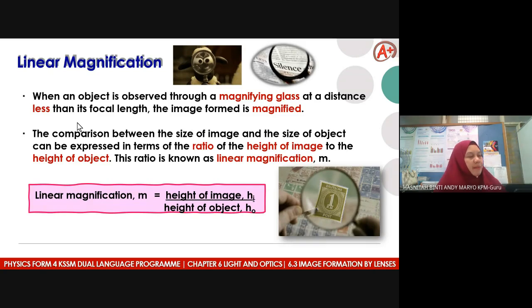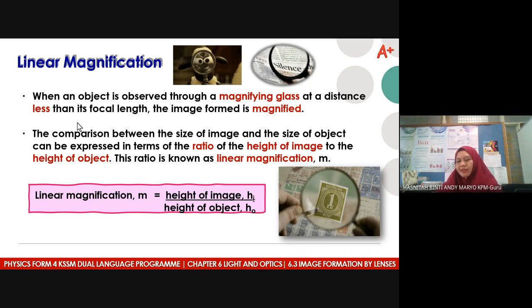And then number 2, later you can complete the definitions for the following terms, starting with focal point and ending with optical center, on page 135. So this is your homework for today. Complete number 1, A, B, and then number 2. Later, you can refer to my PowerPoint slide, which I shared with you in the Telegram group.